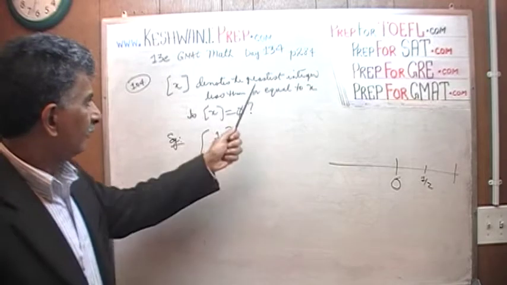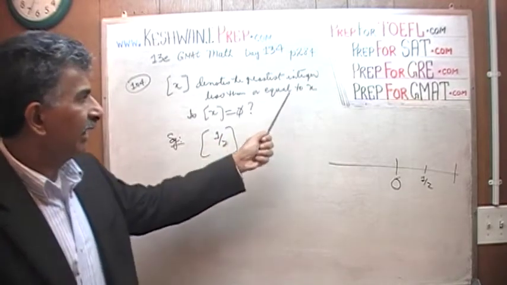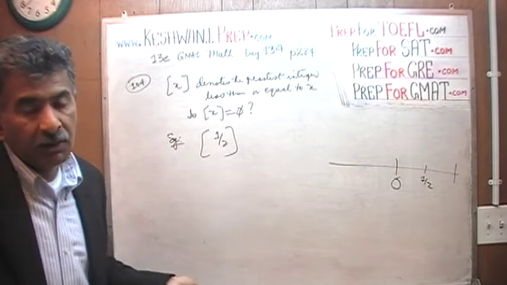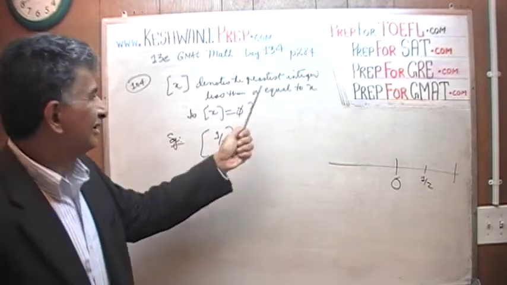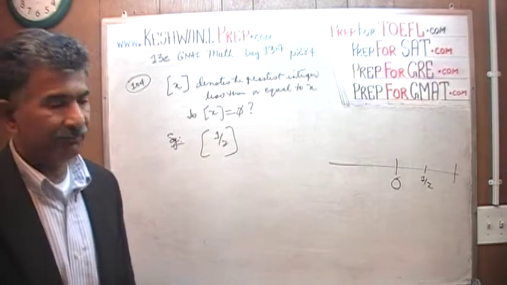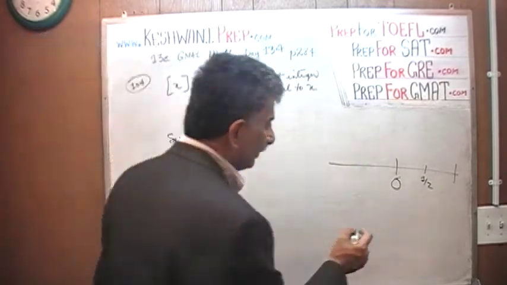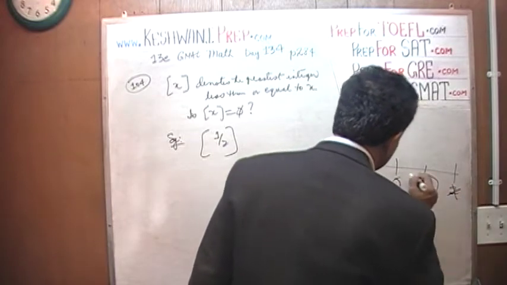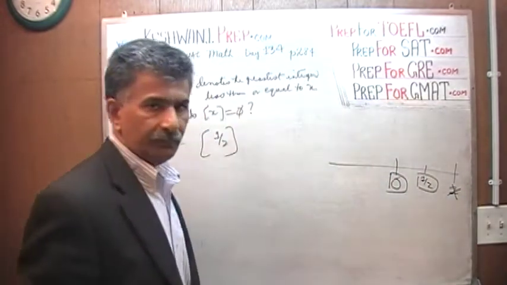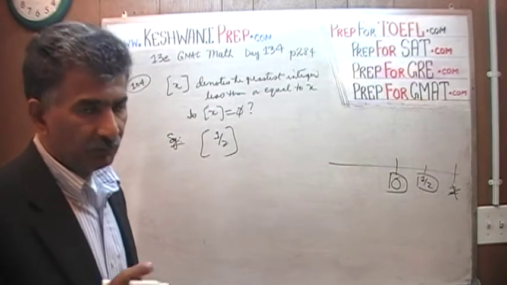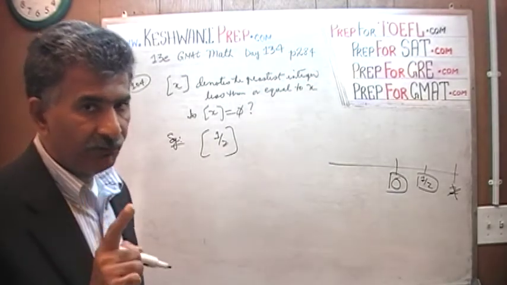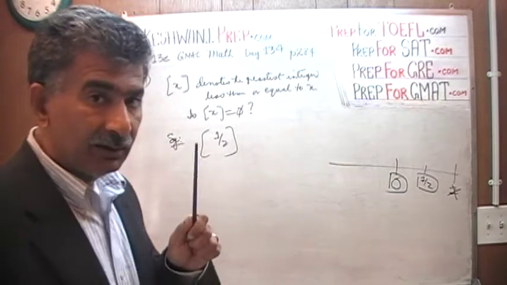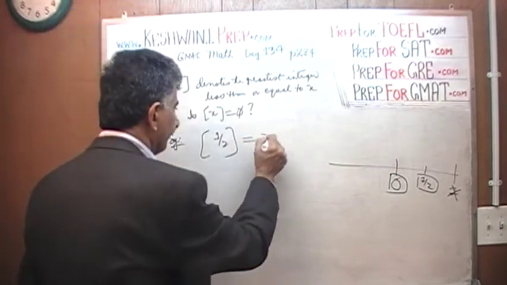Obviously, it cannot be equal to half because half is not an integer. So what is the greatest integer that we can think of that is less than half? It is not 1, it is 0. The greatest integer, the highest integer, the biggest integer that is less than half is 0. So this equals 0.